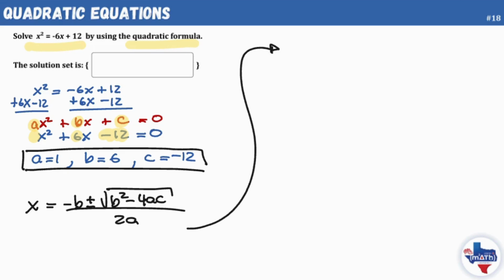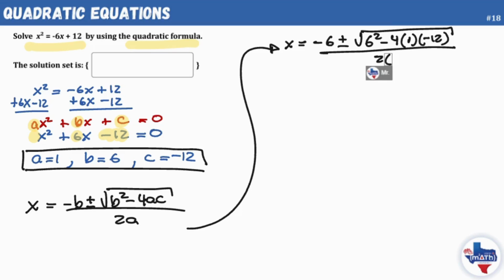And now we just need to plug the values of a, b, and c into this equation. So we have x equals negative b, which is negative 6, plus minus the square root of 6 to the square minus 4 times 1 times negative 12, divided by 2 times 1.